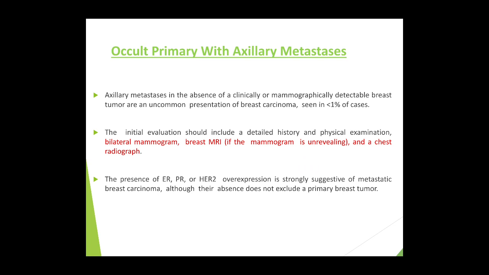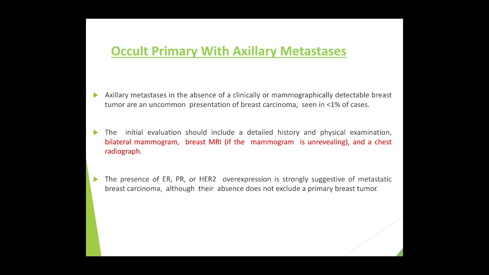In a meta-analysis of about 200 patients with occult primary tumor, MRI identified a suspicious lesion in about 70%. So MRI plays an important role in the diagnosis of occult breast tumor showing axillary metastasis.